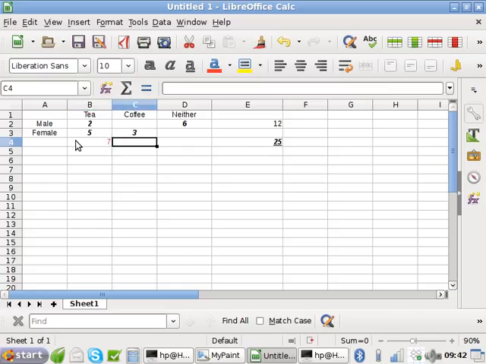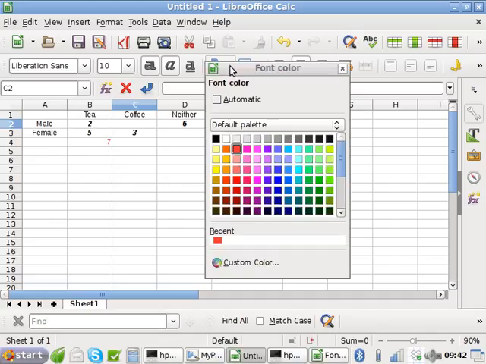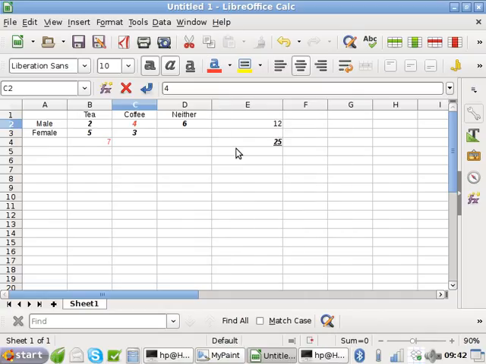Now you know 12 of them are male. 6 of them don't like tea and coffee. 2 of them like tea. So that means there must be 4 people here who like coffee, because it's the only way to make 12. So there must be 4 here.